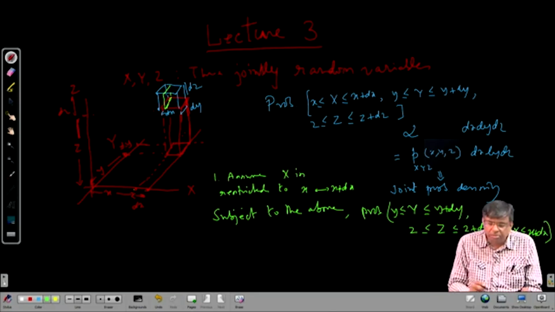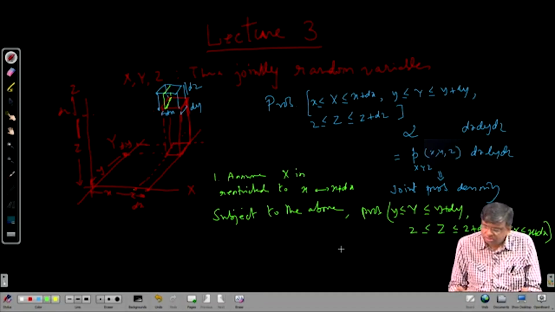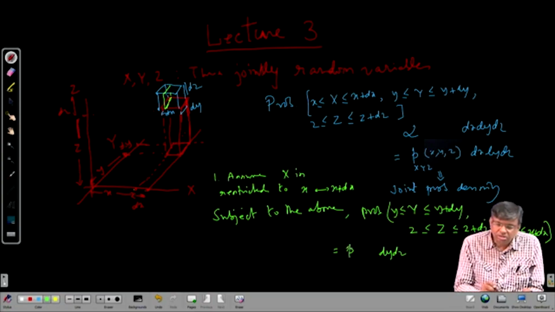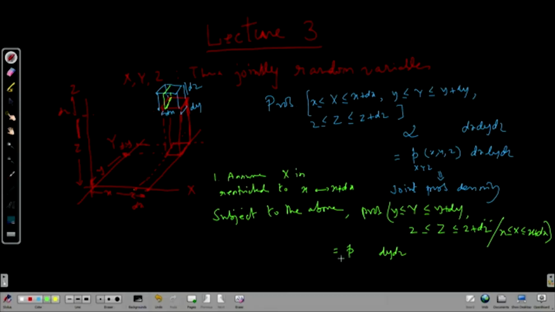So, that will be linearly proportional to the area of this, and so it will be a proportionality constant p times dy dz, and this p again will depend on the location, because the entire thing will change if I move the box elsewhere, even if the size of the box remains same. So, this p will be a function of x, y, z, but that I write in this manner.